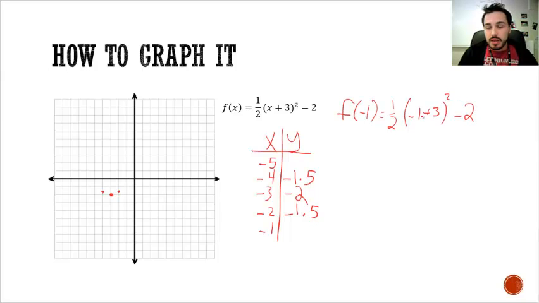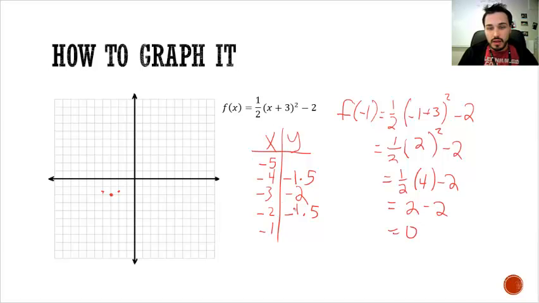Negative 1 plus 3 is 2. And 2 squared is 4. Half of 4 is 2. And 2 minus 2 is 0. So then on this, we get 0. Is that right?